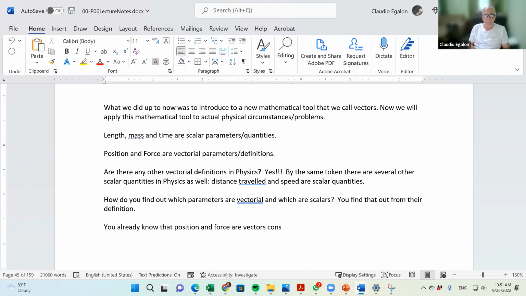Consequently, anything else that is defined in terms of these primary definitions should be vectors as well. Okay, make sense? That's how you find out.